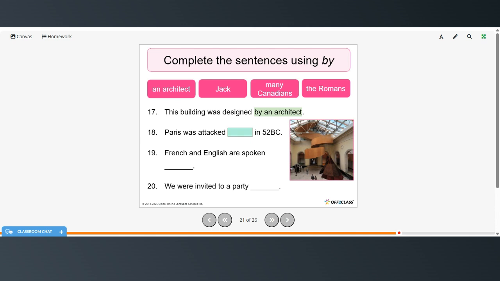Paris was attacked by the Romans in 52 BC. French and English are spoken by many Canadians. And we were invited to a party by Jack.